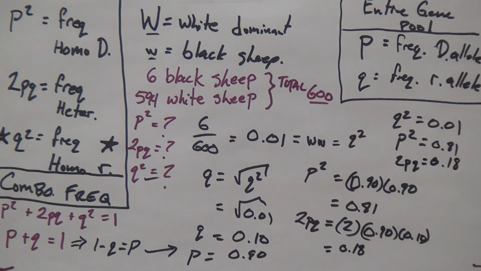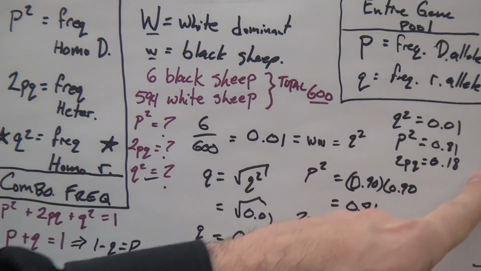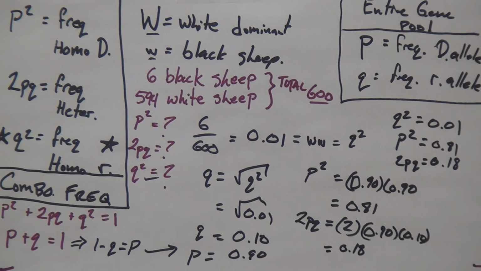And I'm getting so happy now because basically the question's done. I wanted to know the frequency of heterozygotes, homozygous dominant, and homozygous recessive. Well, if we add these up, that's a way to check, right? Remember, p squared plus 2pq plus q squared equals 1.